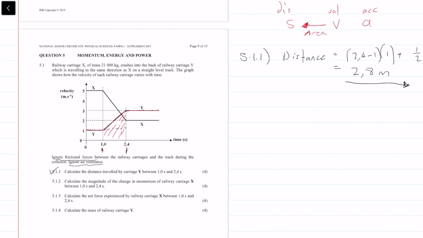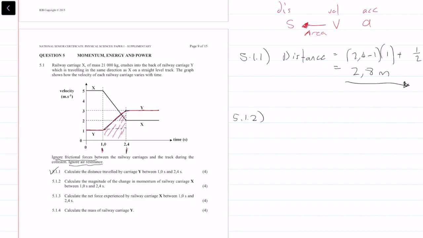Then it says calculate the magnitude of the change in momentum of railway carriage X between 1 second and 2.4 seconds.